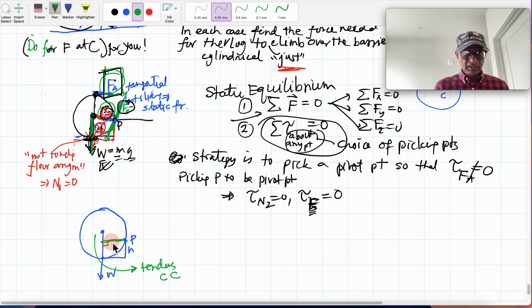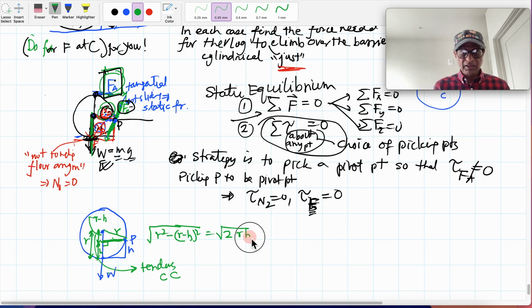So I just need to figure out what this distance will be. That distance is R, and from here to here is R, and here to here is H. So this side is R minus H. So this will be the square root of R squared minus (R minus H) squared. That should be equal to the square root of 2RH minus H squared.